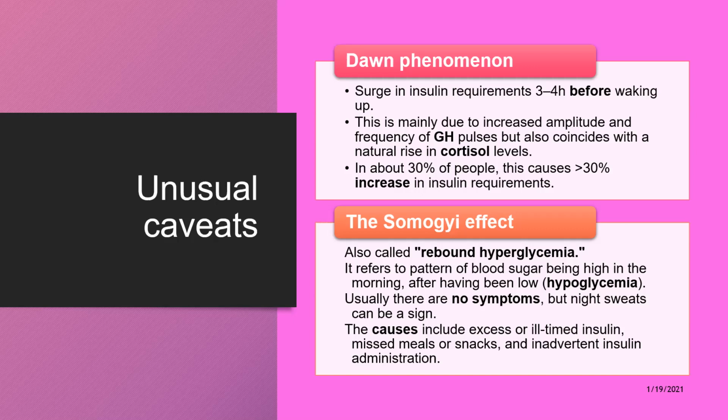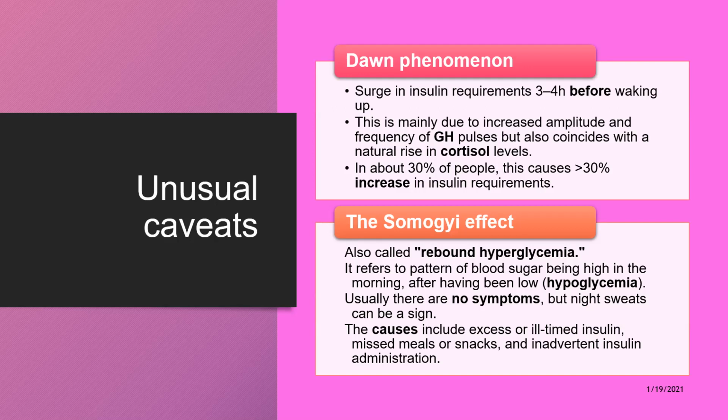So dawn phenomenon is a surge in insulin requirement 3 to 4 hours before waking up in the morning. This is mainly due to increased amplitude and frequency of growth hormone pulses, but also coincides with the natural rise in cortisol levels. In about 30% of people, this causes more than 30% increase in insulin requirements.